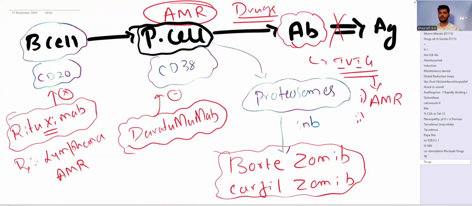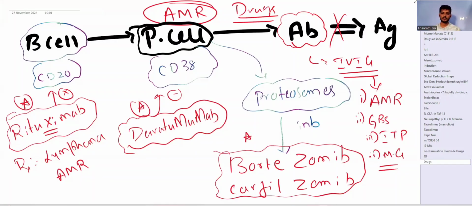They are also used in Guillain-Barré syndrome, in idiopathic thrombocytopenic purpura, and in myasthenia gravis crisis. So these are all the drugs which can be used to prevent antibody-mediated rejection. Rituximab, which is a CD20 inhibitor, daratumumab, which is a CD38 inhibitor on plasma cells, proteasome inhibitors, bortezomib and carfilzomib, and intravenous immunoglobulins, which will block the antibodies.